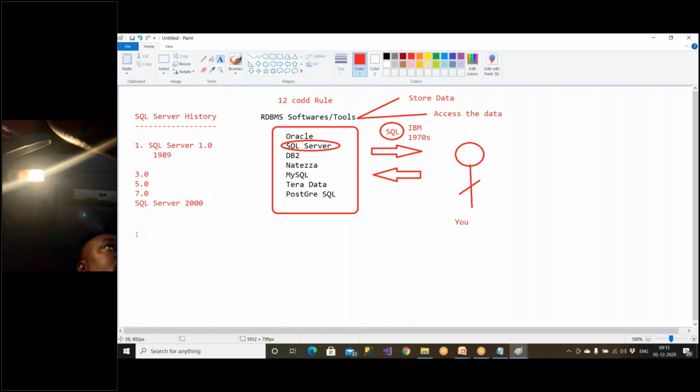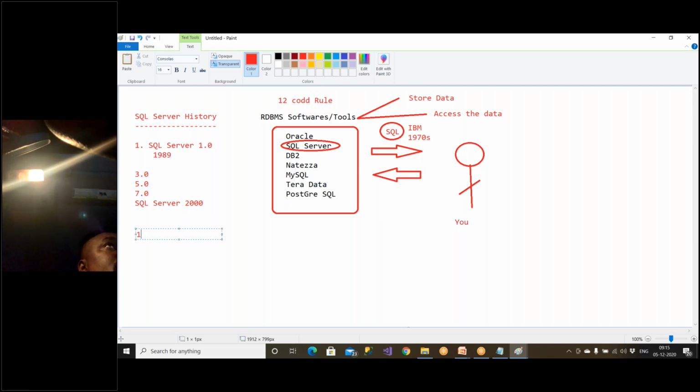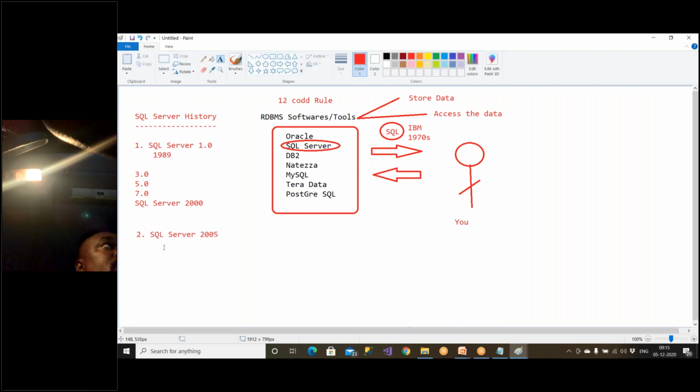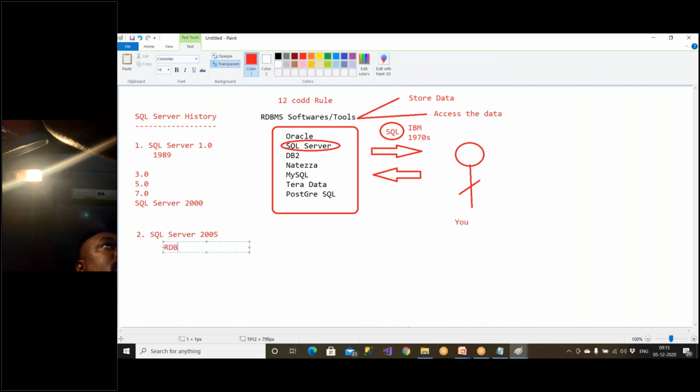Then the next big release happened with SQL Server 2005. What did Microsoft add? It is RDBMS software, plus Microsoft added analytics: SSIS, SSAS and SSRS were added into SQL Server.